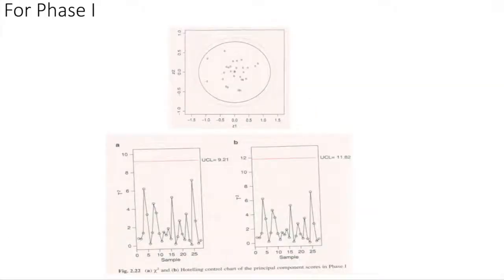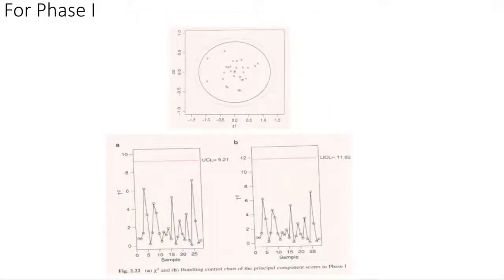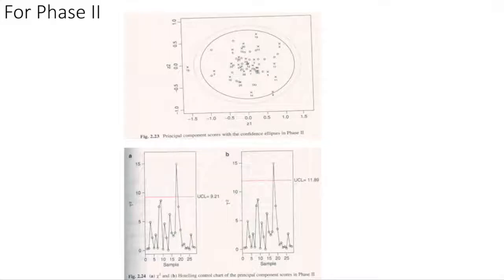So for phase one, while drawing the charts for chi-square and Hotelling, we get these charts, and if we go to phase two, the confidence ellipses in phase one and phase two are almost the same. Not a single value is going outside. All the points are inside the confidence ellipsoid.